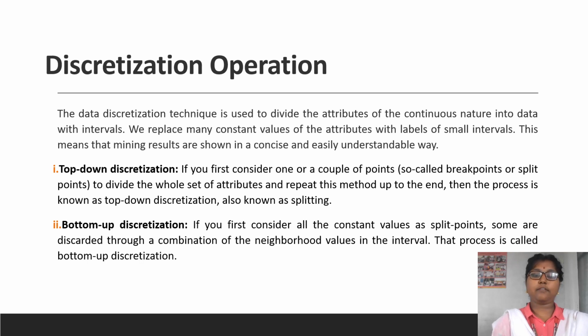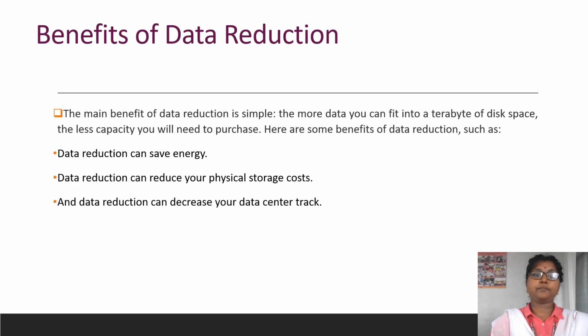If you consider one or a couple of points to divide the whole set of attributes and repeat this method up to the end, this process is known as top-down discretization, also known as splitting. Bottom-up discretization: if you first consider all the continuous values as split points, some are discarded through the combination of neighborhood values in the interval. This process is called bottom-up discretization.